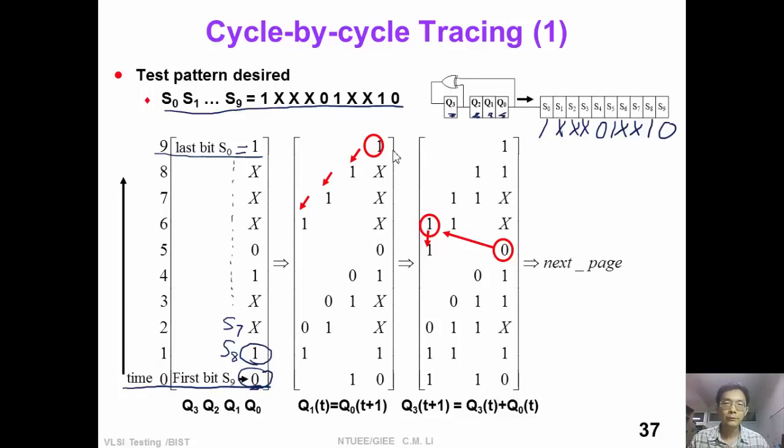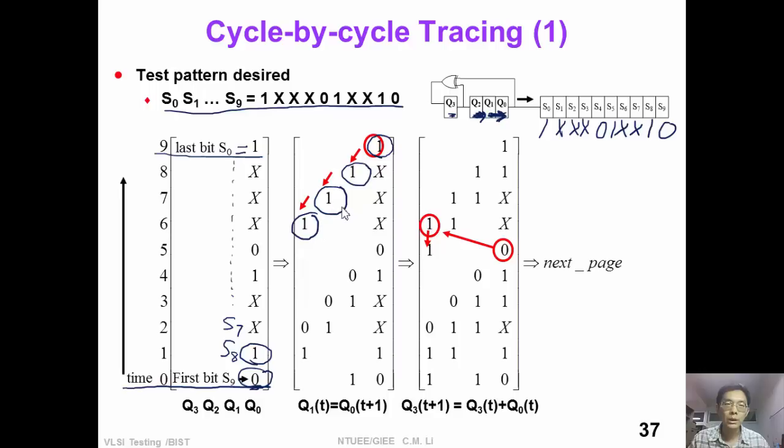Due to the shift operation of this LFSR, we know that the value of Q0 at time 9 is actually equal to the value of Q1 at time 8 because of this shift operation. Also, we know that the value of Q2 at time 7 is equal to the value of Q1 at time 8.